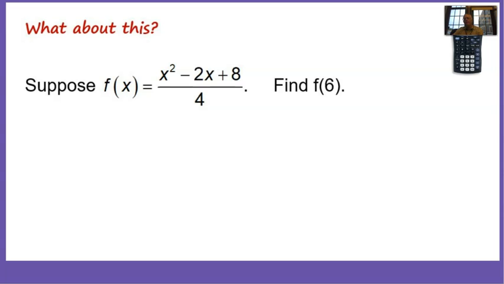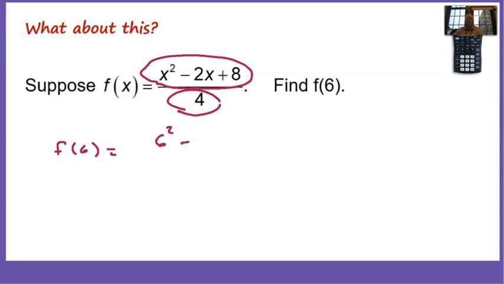Another important thing about evaluation is when there's division, you have to simplify the numerator first, and then simplify the denominator if it's not simplified already, and then you divide. So when we do f of 6, first step, I'm just going to put 6 in for x, all divided by 4.